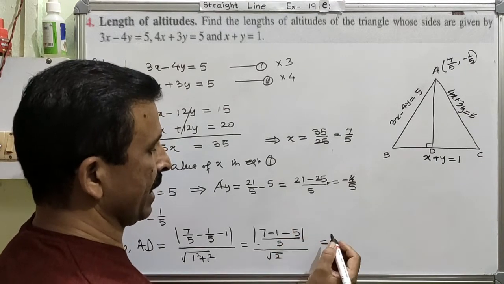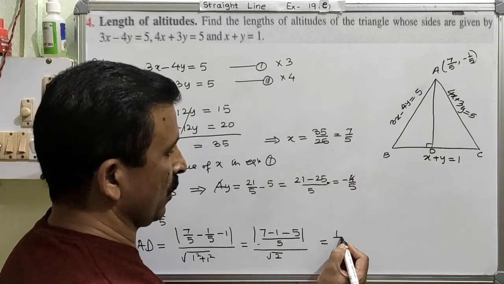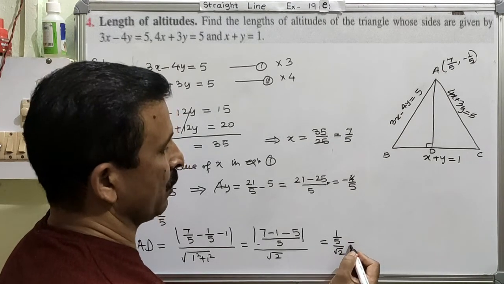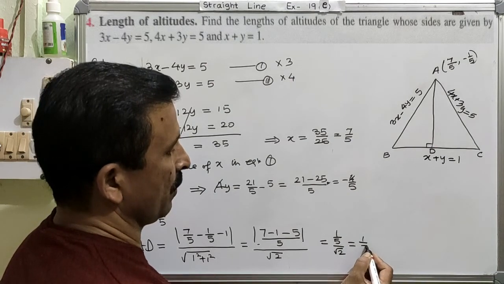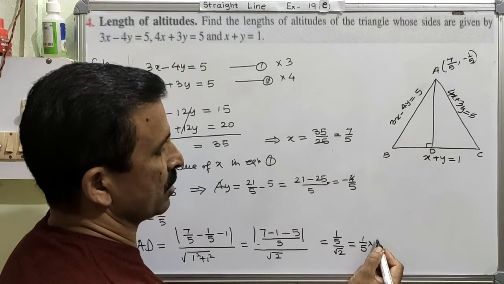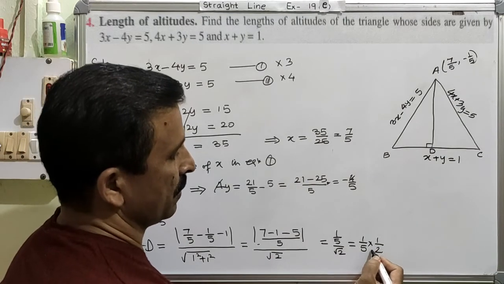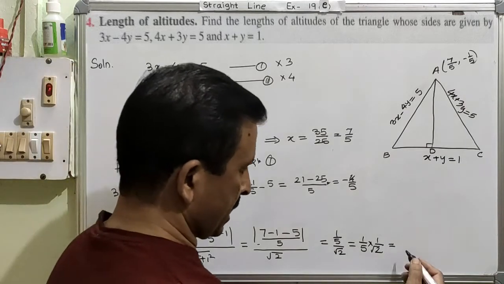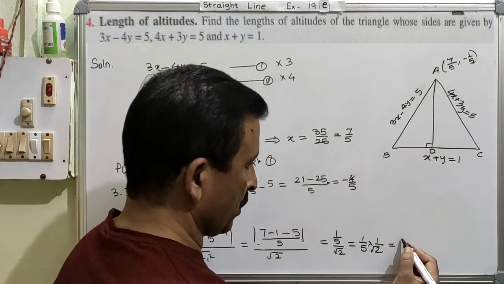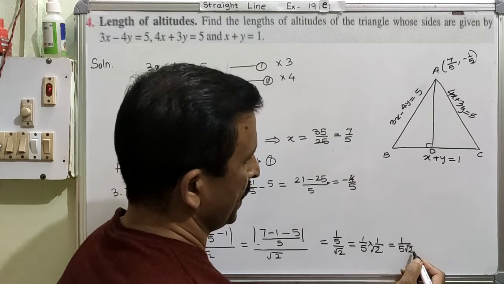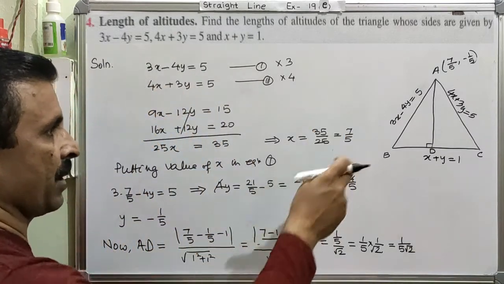And then we can remove the absolute value sign. So this becomes 1 over 5 divided by root 2. Now finally we simplify. Root 2 will go upside down, so it will become 1 over 5 root 2. This becomes the length of your AD.